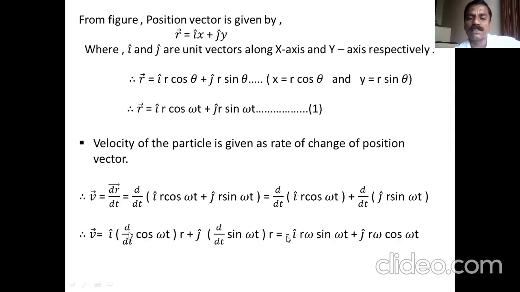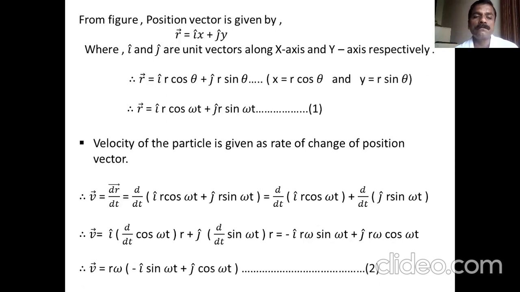So you'll find this is minus. How can we find the derivative of the second? You will find first the constants, that is j cap, r and omega, and what is the derivative of sine? Definitely cos omega t. So you will find this is nothing but the expression for the velocity.